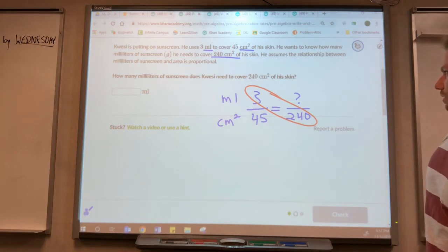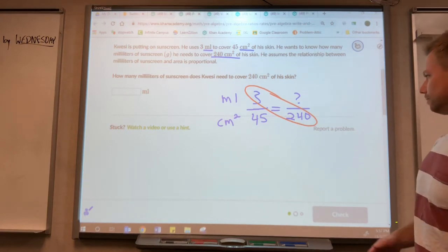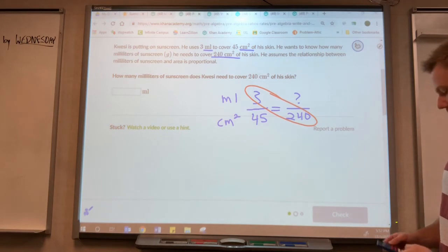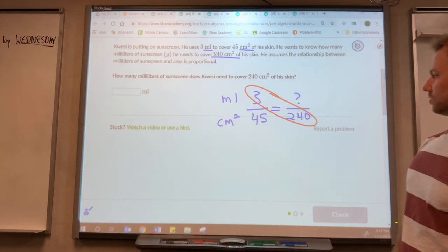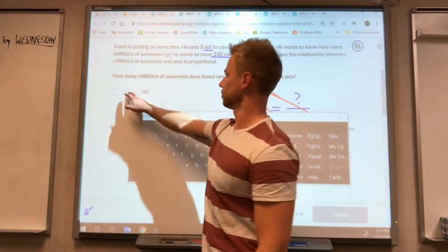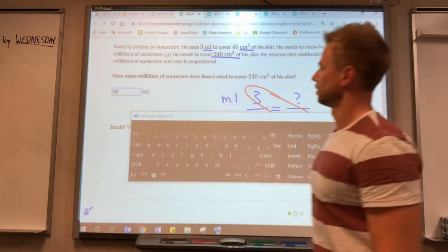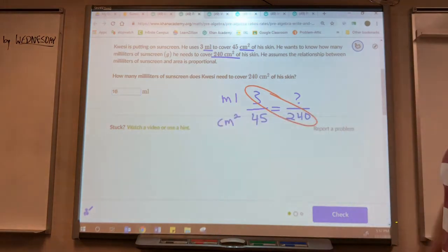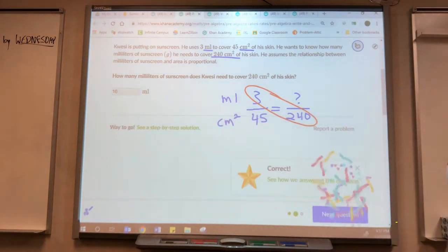So 240 times 3 would be 720, and then we're gonna divide by 45, which is 16. All right, so it takes 16 milliliters of sunscreen to cover 240 square centimeters of skin.